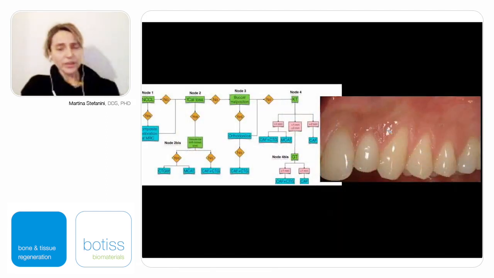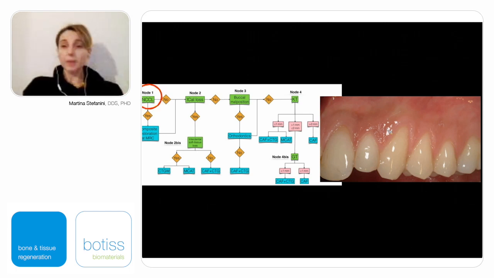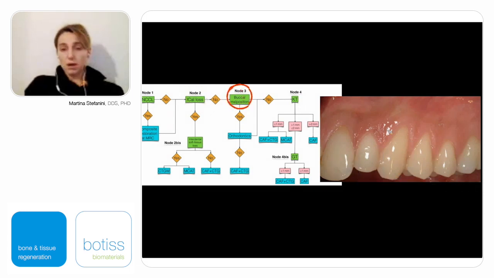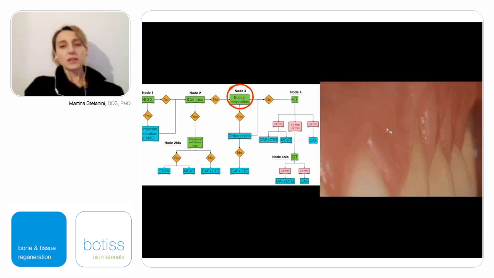And what about the treatment of multiple gingival recession? If we want to treat multiple gingival recession, we need to follow the same pathway and the same decision making. We have to look if there is a non-carious cervical lesion, and we need to evaluate if there is some interdental callus.